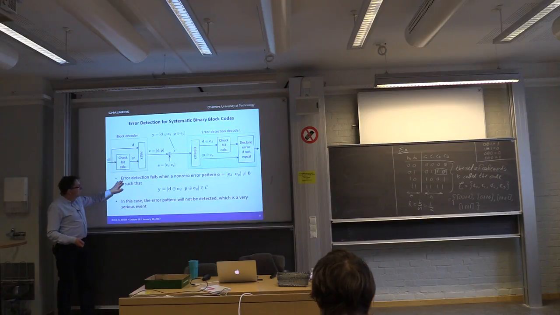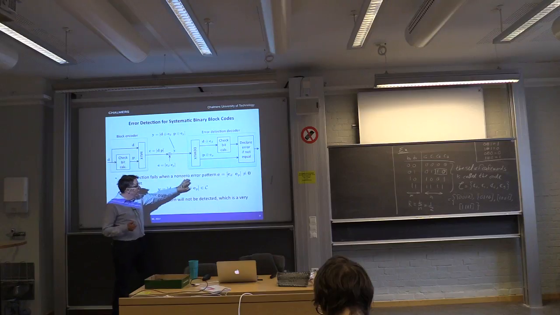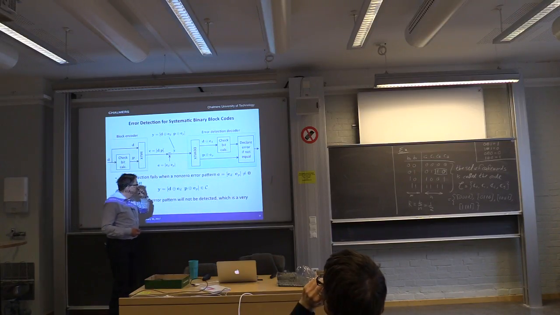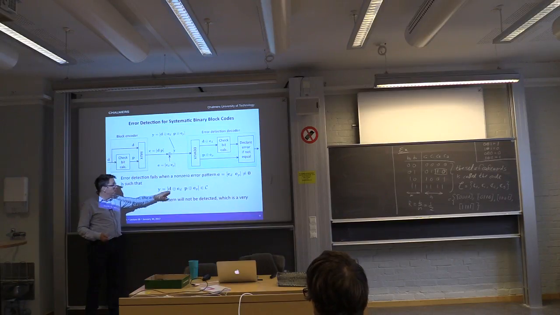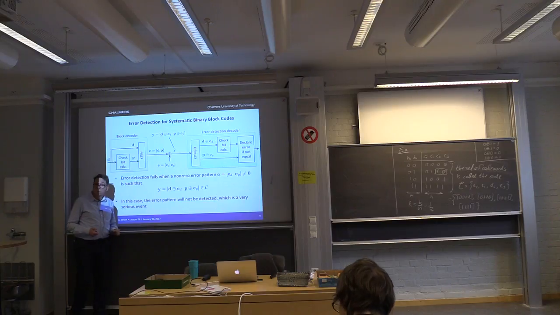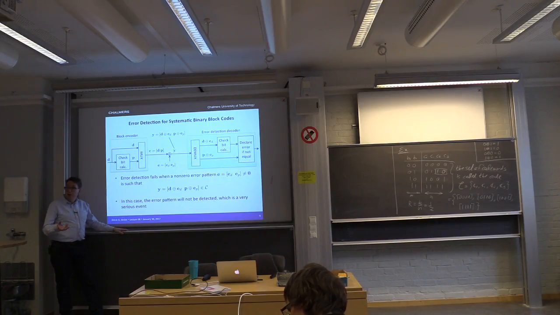So in mathematics, this means that error detection will fail if we have a non-zero error pattern E, so this is not all zeros, such that when we add E to the data that we transmitted, we get a code word. That code word is not the same code word as we transmitted, but we will accept it.